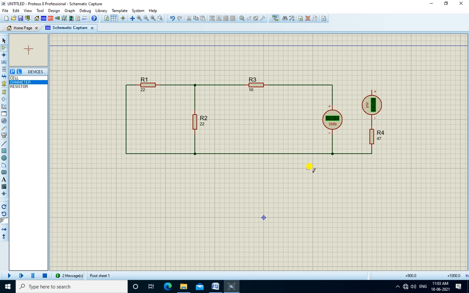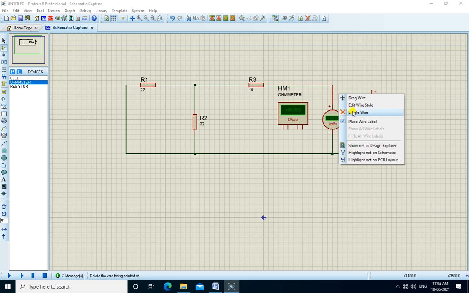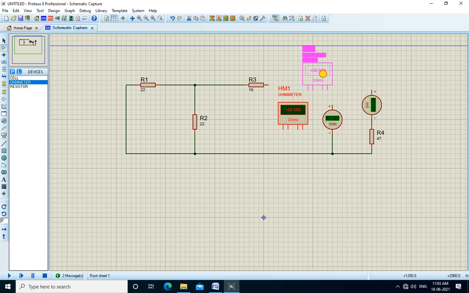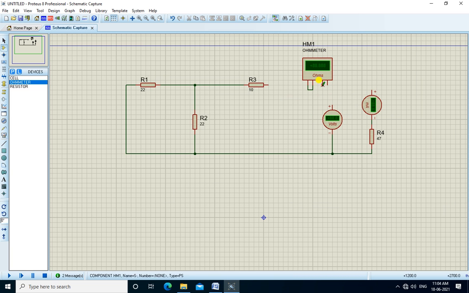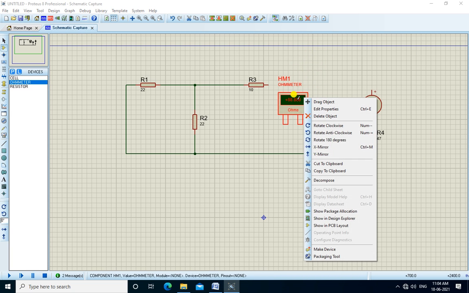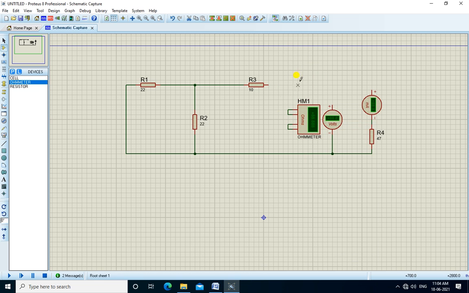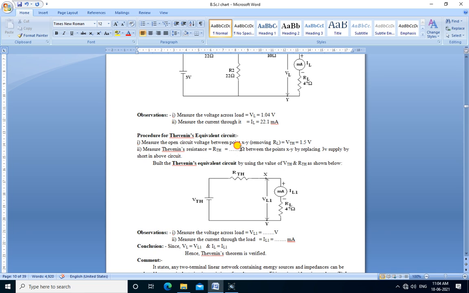So this is our ohm meter. I disconnect this and connect it between these 2 points. Run the simulation. So we get the value of RTH as 21 ohm. Just note it down, 21 ohm.